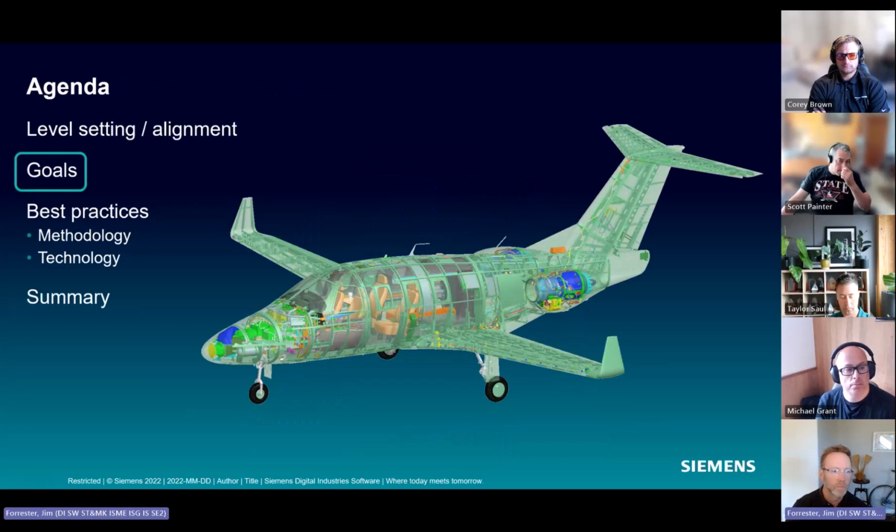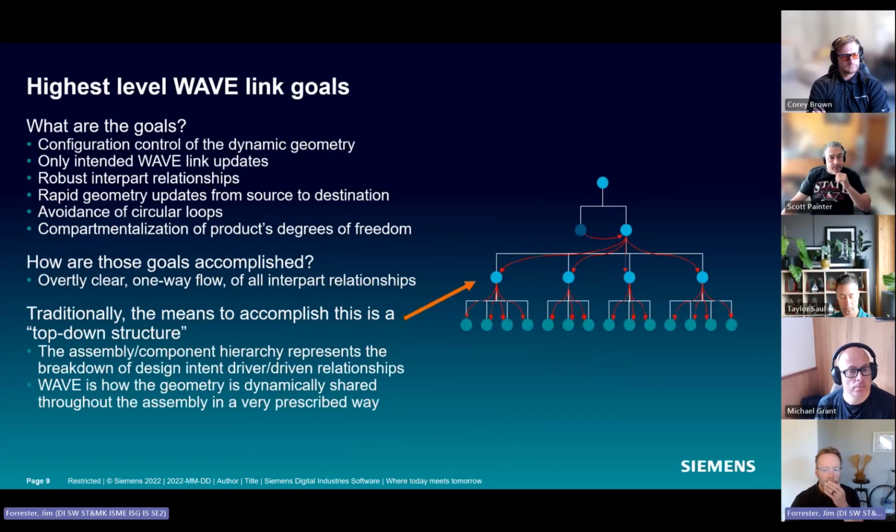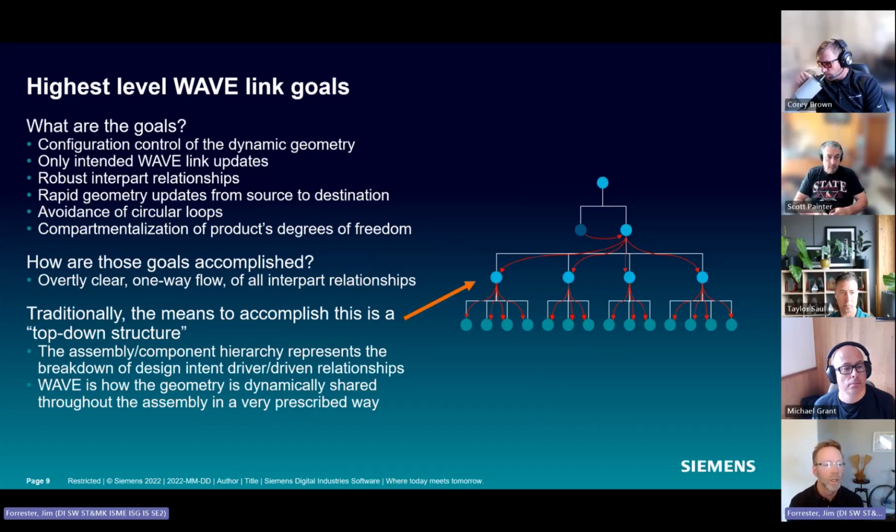All right. Goals. The highest level wavelength goals. All the best practices are related to trying to achieve these goals. And they are configuration control of the dynamic geometry, only intended wavelength updates, robust interpart relationships, rapid geometry updates from source to destination, avoidance of circular loops, and compartmentalizing of the product's degrees of freedom.